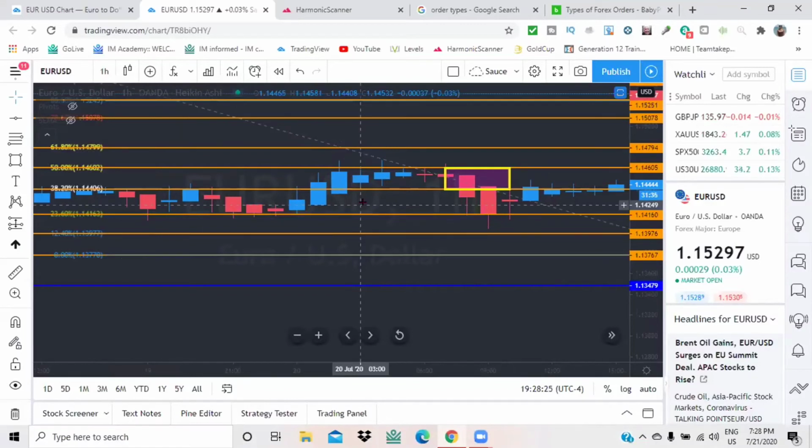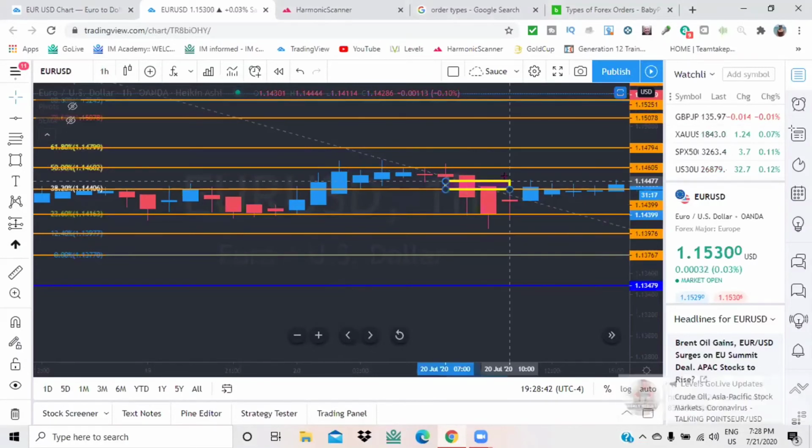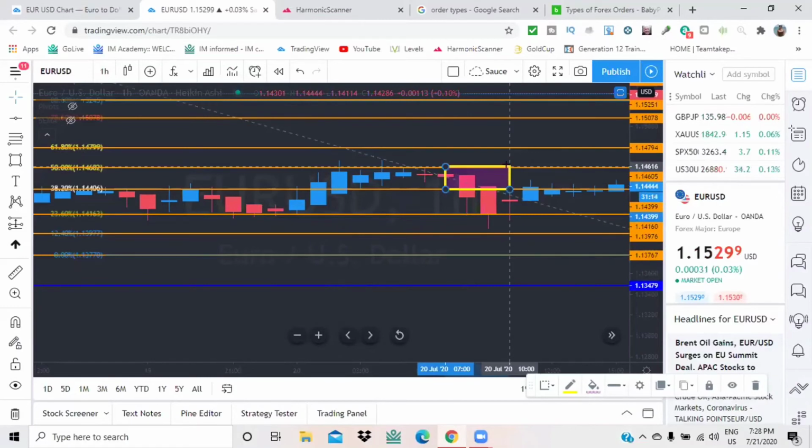One more, I'm sorry. If the yellow line is at a wick, what does that mean? That just means, like when I drew this box here, they like to say that wicks matter. So when I drew the box, I'm stopping it here, but that wick just means where price tried to go.